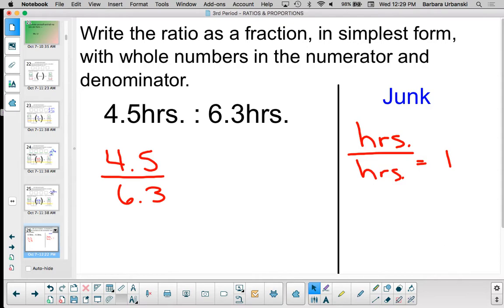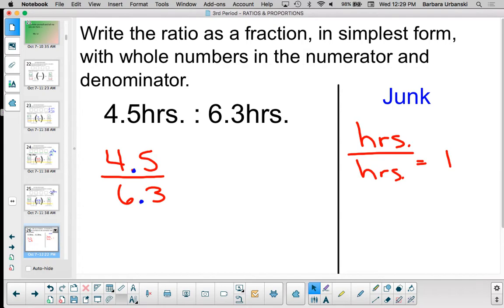If I'm only going to have to move this one place value, so now this becomes 45, and one place value, so this becomes 63, I am actually multiplying just by 10.